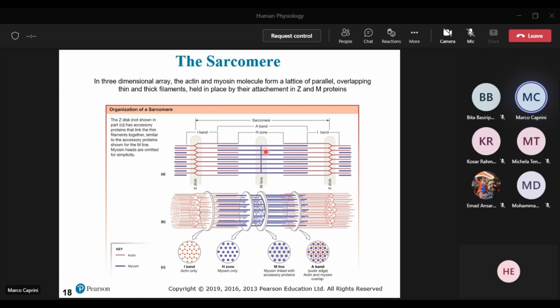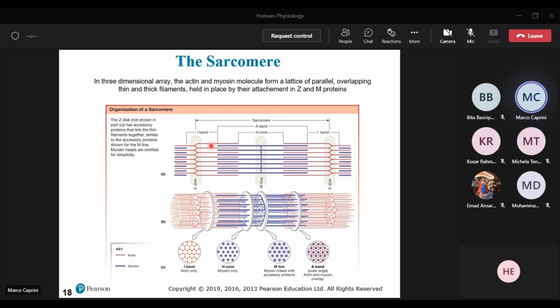The Z disc has the filaments here and here. Between two Z discs is comprised the sarcomere, while the I band here and here is made of thin filaments only. This is the three-dimensional structure.